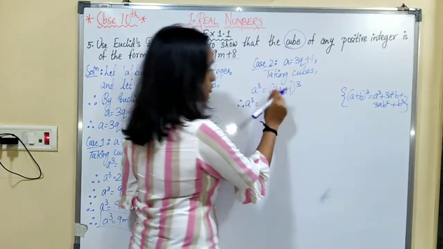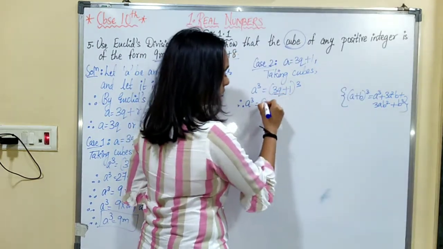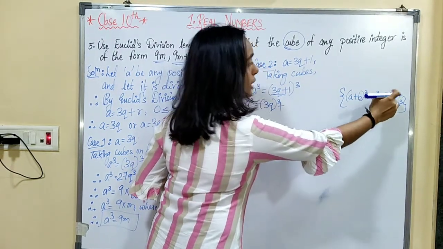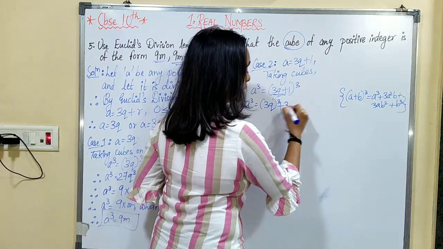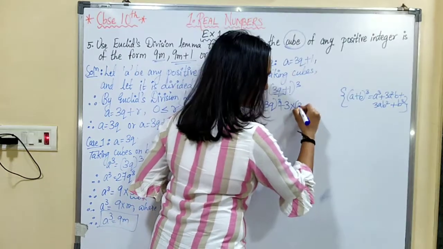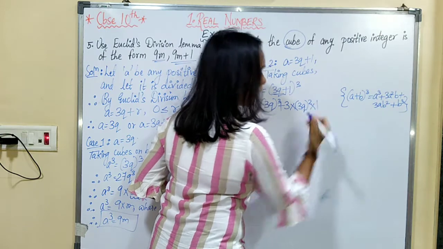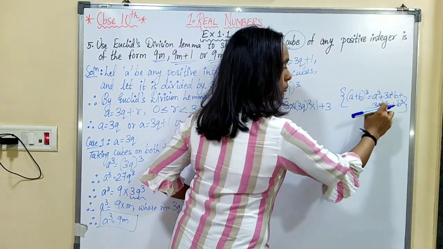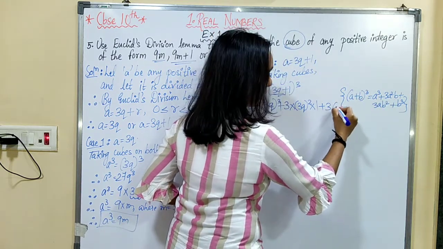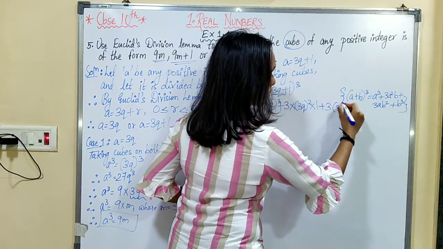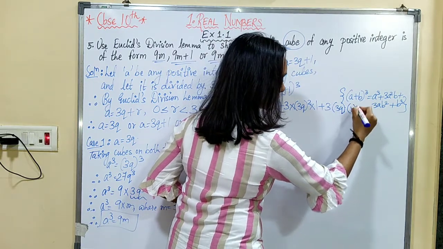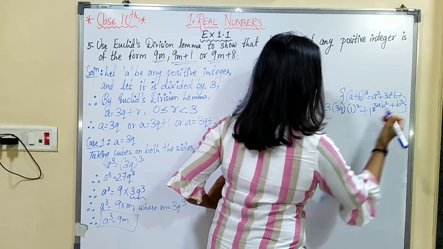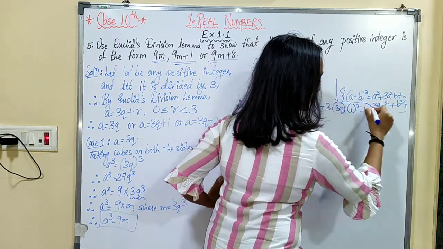So a cube, so 3q cube plus 3 multiplied by a square multiplied by b, so 3 multiplied by 3q square multiplied by 1, plus 3ab square, so 3 multiplied by 3q multiplied by 1 square, plus b cube, that is 1 cube.